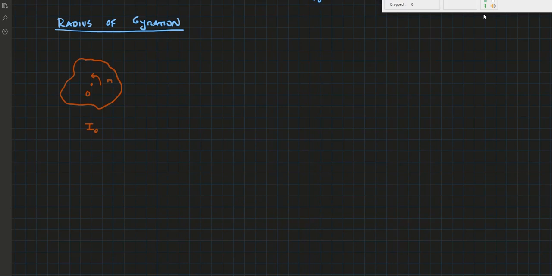If we have some mass that has a mass moment of inertia about O, this is equal to a situation where we could take all that mass, lump it into one point, and figure out the distance to this point that gives the equivalent moment of inertia about O. This we call the radius of gyration, which we use in some applications. And that's really all I'm going to say about that.